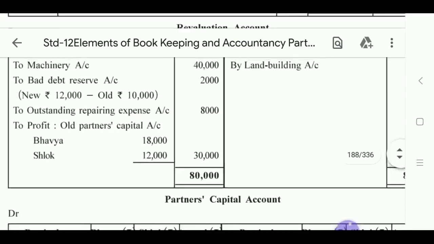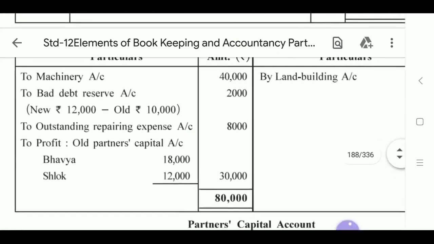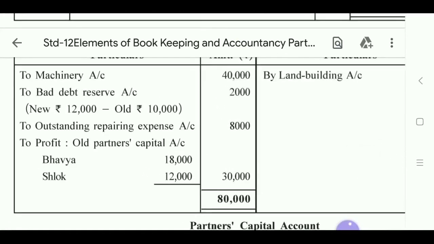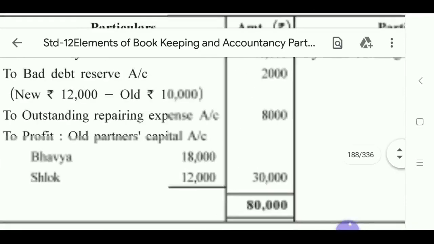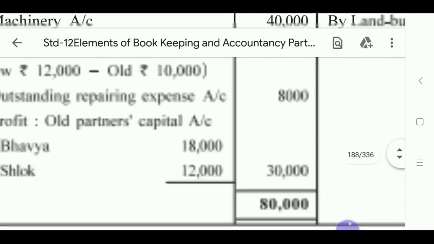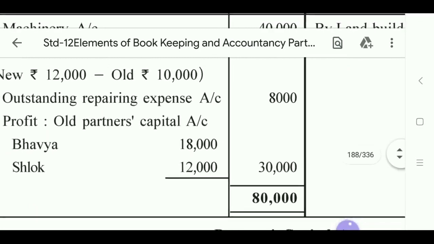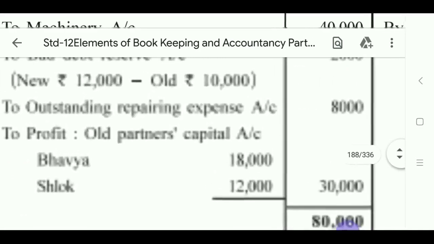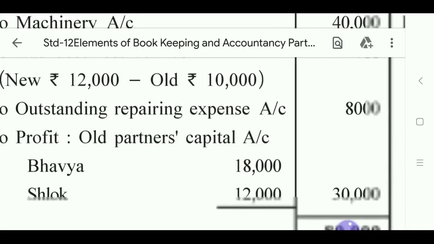30,000 is written here, and profit is to be distributed among old partners. Yes, Bhavya and Shlok in their old profit loss sharing ratio, which is 3:2, 18,000, 12,000. Yes, this is profit, and which is credited to old partners capital account.